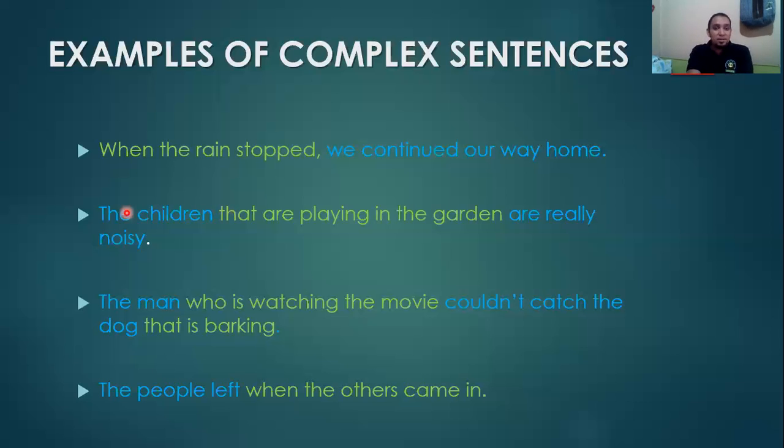But you cannot say they're playing in the garden just like that because it doesn't make sense. Number 3, the man who's watching the movie couldn't catch the dog that is barking. In this case, I have 1 independent clause, the man couldn't catch the dog, and 2 subordinate clauses: who is watching the movie, and that is barking. Number 4, the people left when the others came in, one independent and one subordinate. So this combination is called a complex sentence.